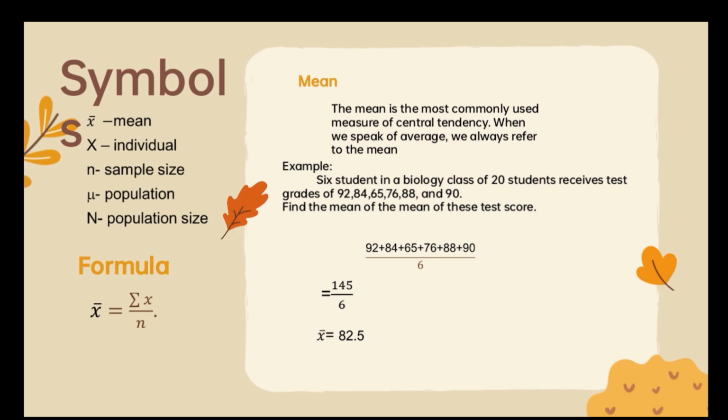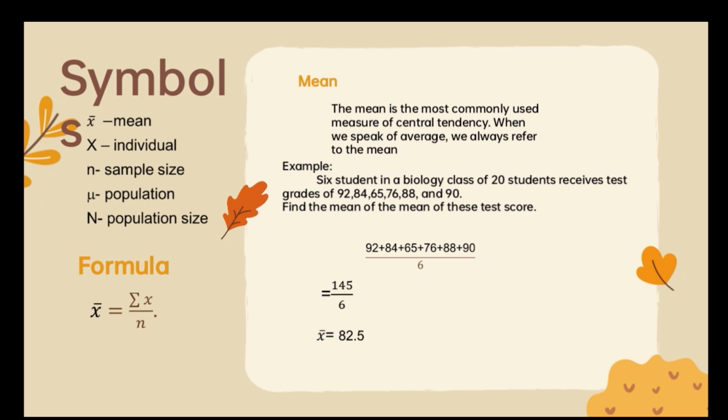So we have an example here. Six students in a biology class of 20 students receive test grades of 92, 84, 65, 76, 88, and 90. That is the data given. We will find the mean of these test scores.